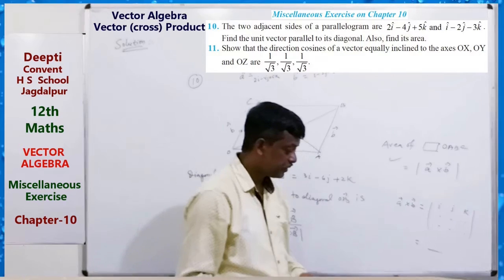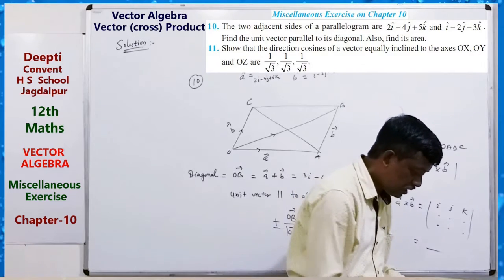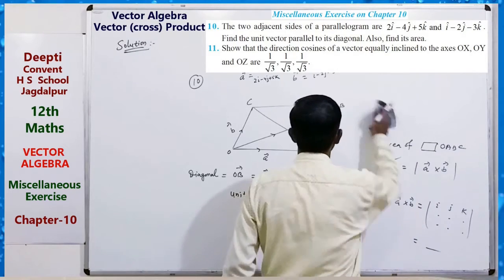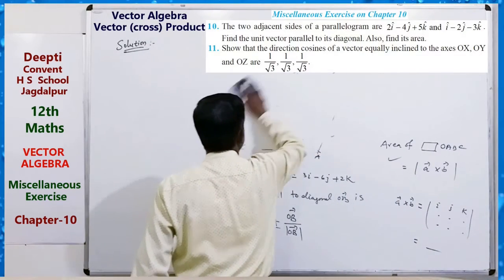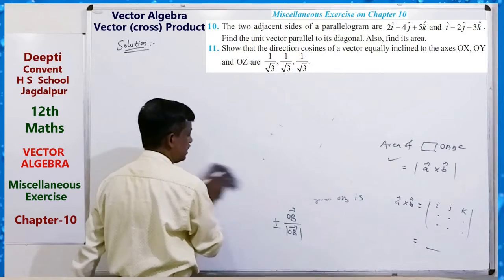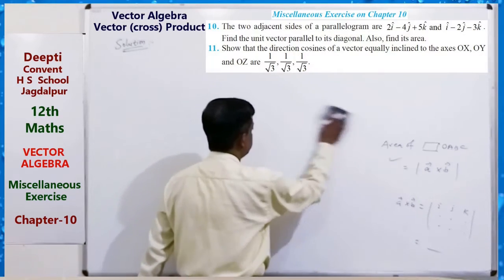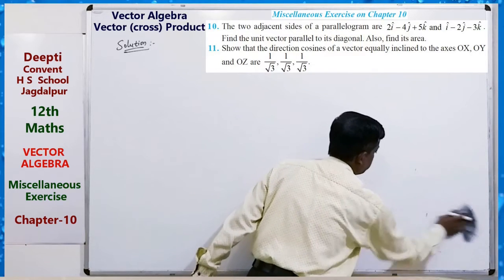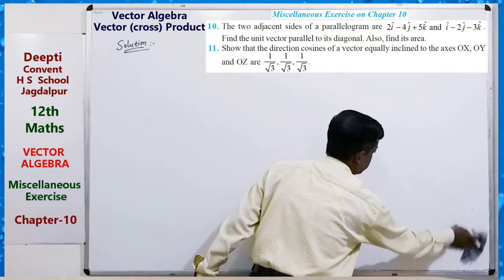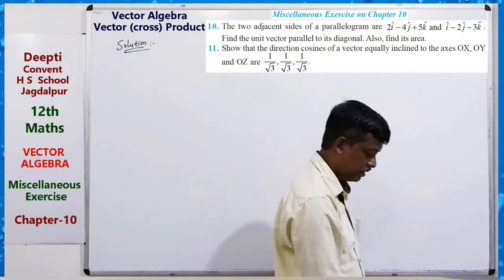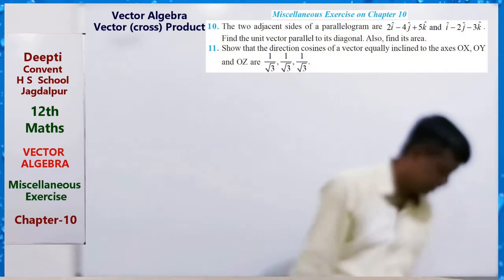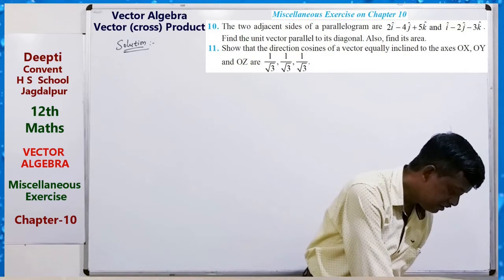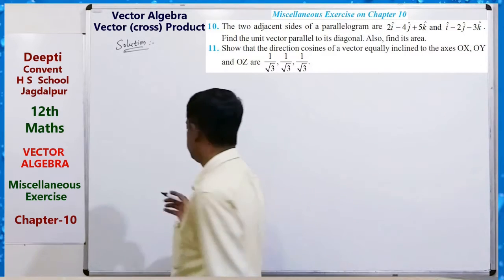Now question 11. Show that the direction cosines of a vector equally inclined to the OX, OY, OZ axes are 1 by root 3. So it is a simple question with the 3 axes. A unit vector which makes direction cosines equally inclined to the 3 axes.